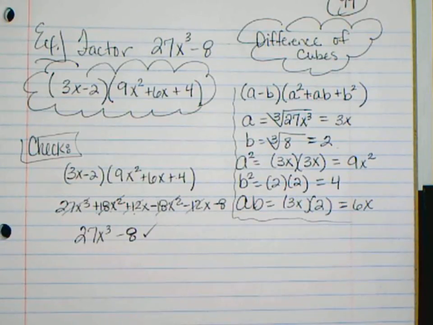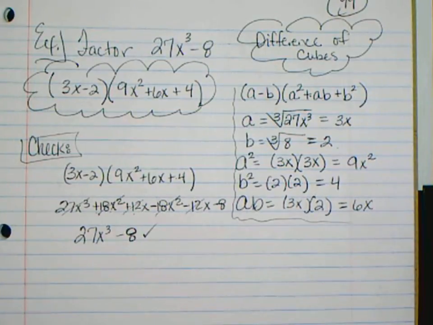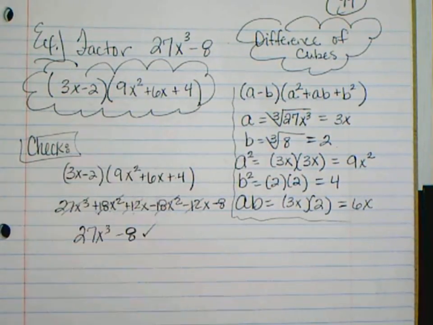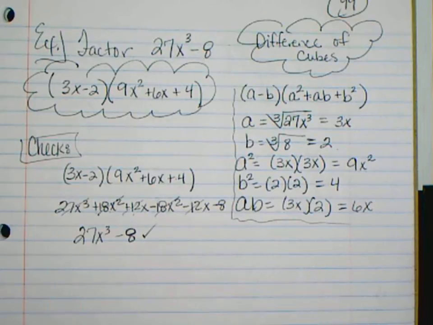Now let me show you one where, and this is what your homework is on, you have to factor, which is what we did here, and solve. Okay, factor and solve.